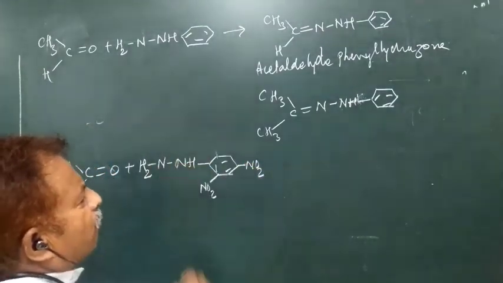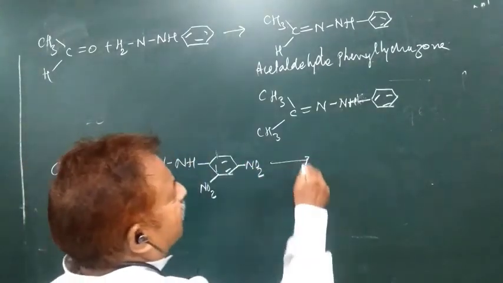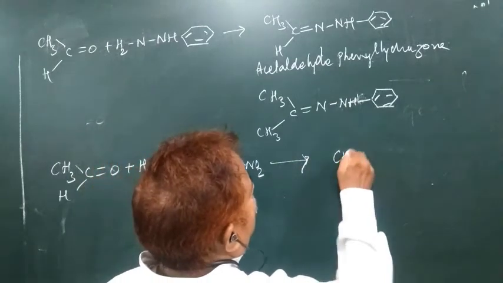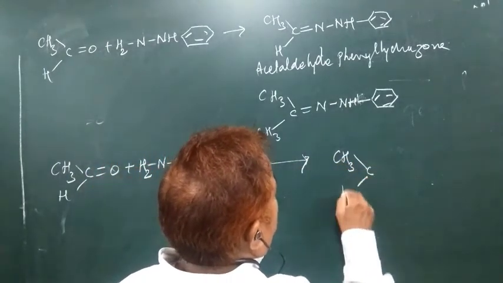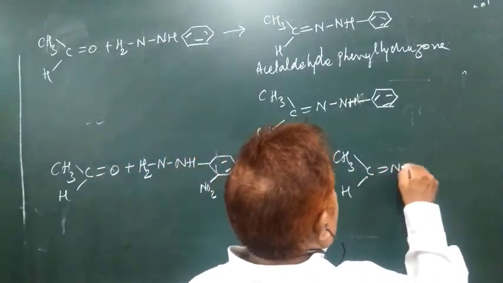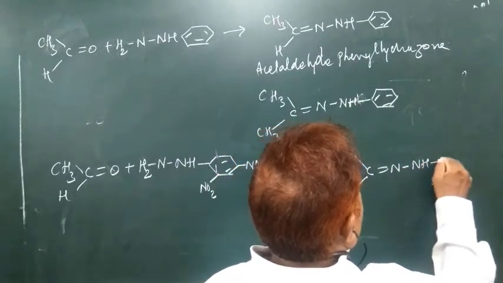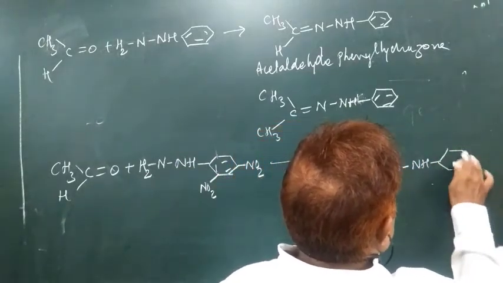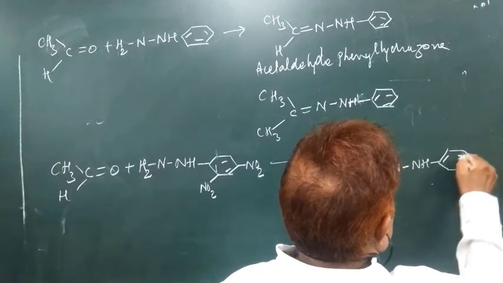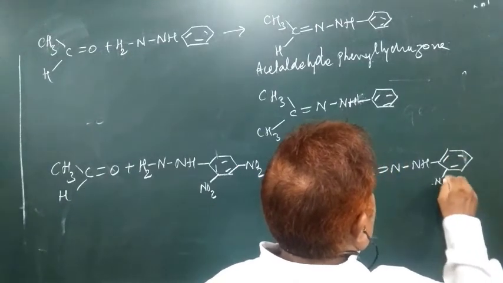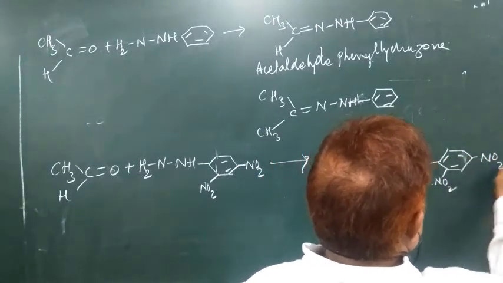Therefore, this is 2,4-DNP, and we get here CH3CH=N-NH with NO2, NO2.